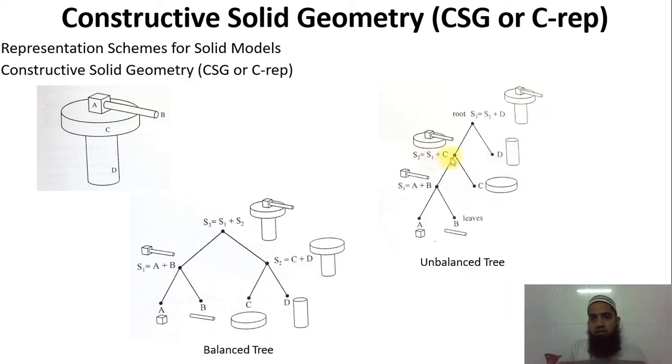So S1 and C will form S2, and S2 and D will form S3, and that is the final model. The final model is developed from these different primitives, but the right side and left side are not the same. Due to that, we say this is an unbalanced tree. So this is an example of constructive solid geometry.